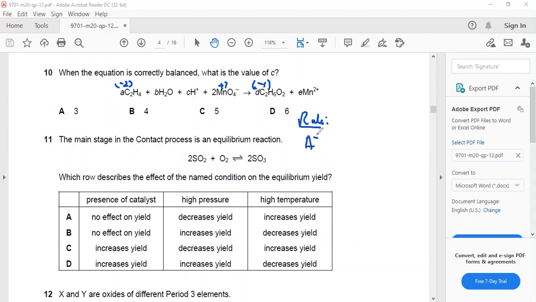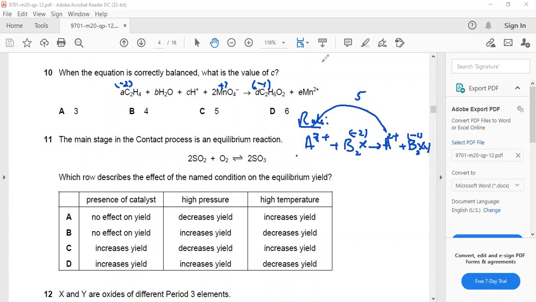Suppose A plus 7 plus B2, which is minus 2 on 1, gives A 2 plus and B2X, suppose B2XYZ, and here B is minus 1. So the change in oxidation state from A plus 7 to A plus 2 is 5.